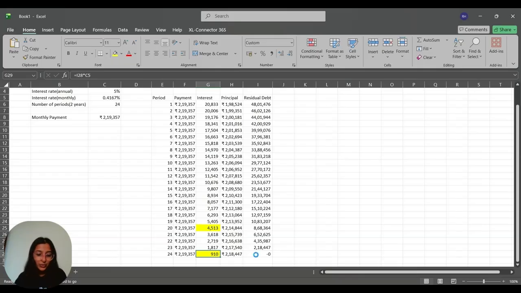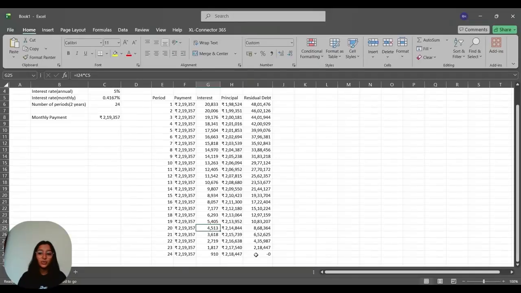Okay, so finally, here is how the amortization schedule connects to financial modeling. The interest portion flows to the profit and loss statement under finance cost. The principal repayment appears in the cash flow statement as a financing cash outflow.